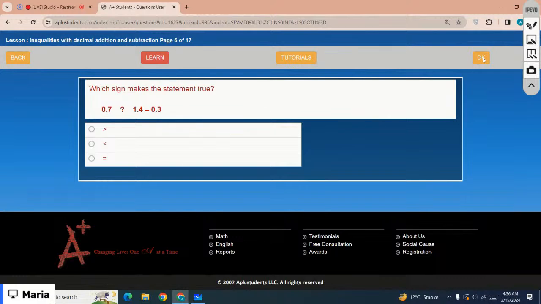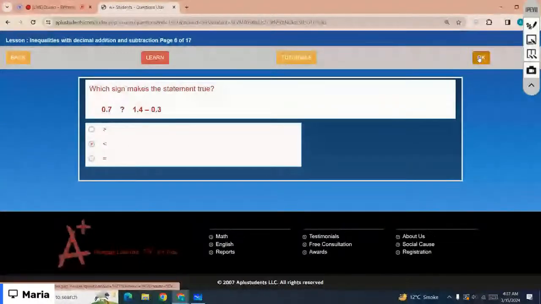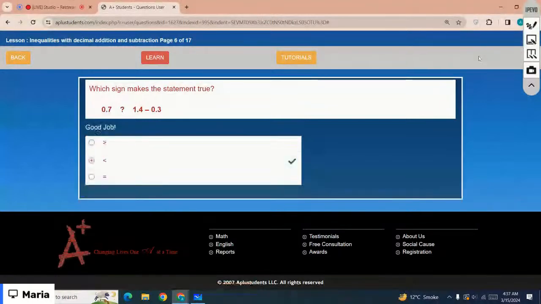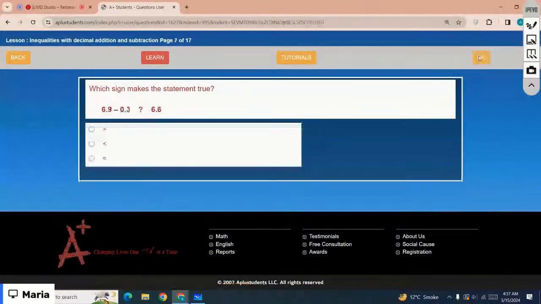To compare it to 1.4 take away 0.3. So, which is the correct option? 0.7 is less than 1.4 take away 0.3, right? 6.9 take away 0.3, you have to compare it to 6.6.